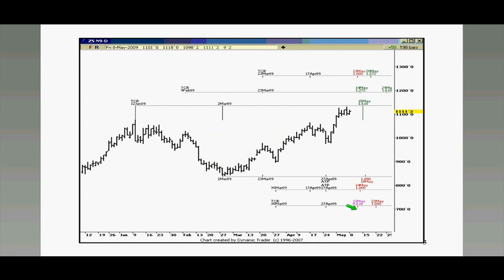13th through the 15th. So we use timing to predict possible reversals, and it would be a reversal of whatever the market's doing into the time window. So in this case, the soybeans were trading straight up.